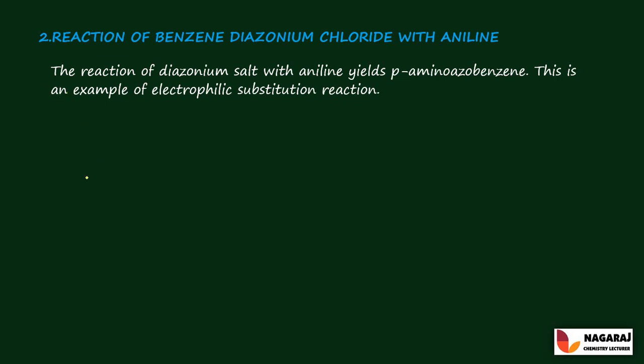Like that, let us see the reaction of benzene diazonium chloride with aniline. The arene diazonium halide, N2+ and X-, reacts with aniline. In coupling reactions, the hydrogen at the para position generally reacts with the diazonium group in the presence of a base, either sodium hydroxide or potassium hydroxide.